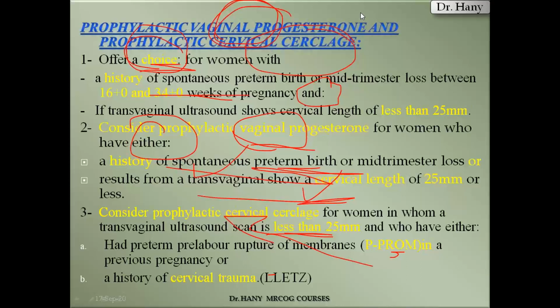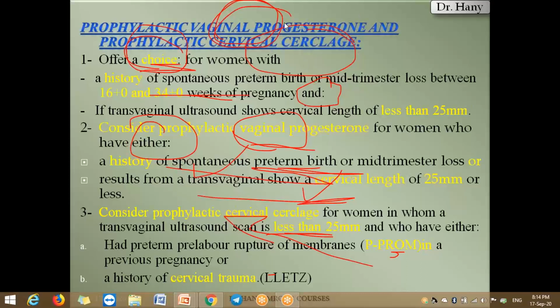Did I make everything clear? Or does it still need to be revised? This will be the tricks for the exam. If the woman has both, offer a choice. She's the one to choose. If the woman has either preterm labor history or accidental cervical length, the answer will be vaginal progesterone.